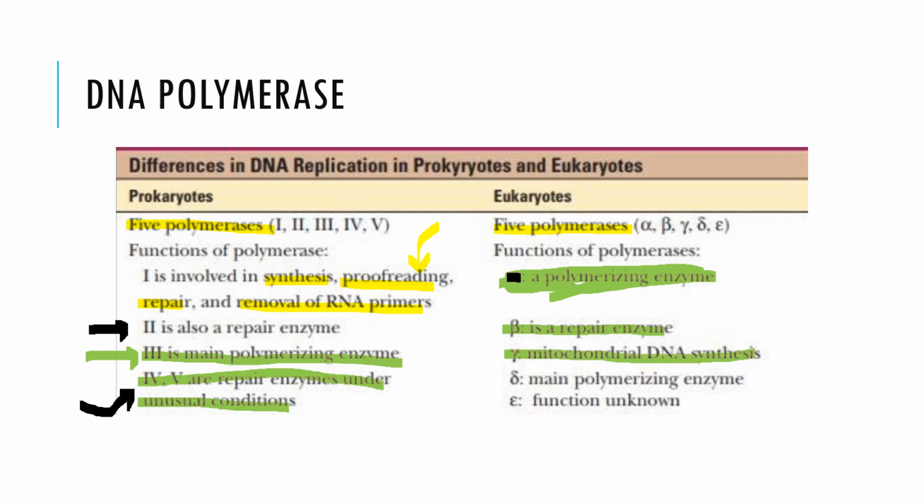It takes part during the synthesis of DNA of the mitochondria. And then delta and epsilon. These are the main polymerizing enzymes. Here it is written that the function is unknown, but actually they are the main polymerizing enzymes. They both are the main polymerizing enzymes.